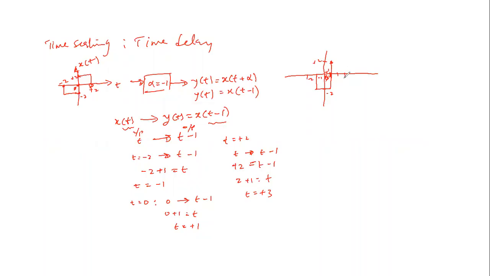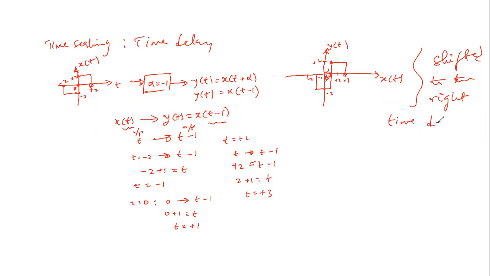And then this is +3. This is +2. So it comes to 0. So now you can see that this is y of t, this is s of t. So the signal has shifted to the right. Okay. And then we say this is time delay.